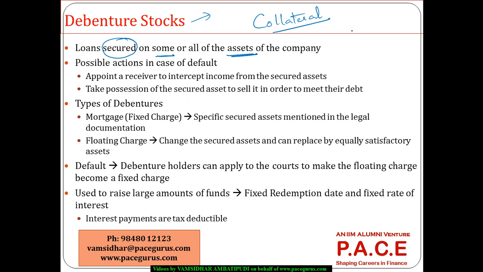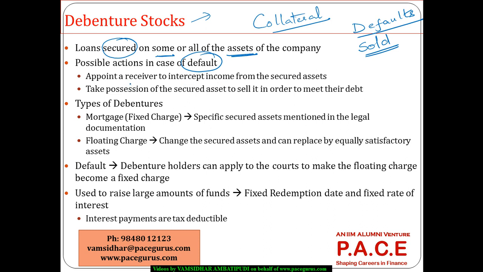In case the company defaults in terms of paying the interest or the principal payment, some or all of the assets of the company can very well be sold, and the proceeds can be used towards the payment of the loan. So this is what will give an advantage in case of a debenture, because anytime there is a default, what are the things that can happen?